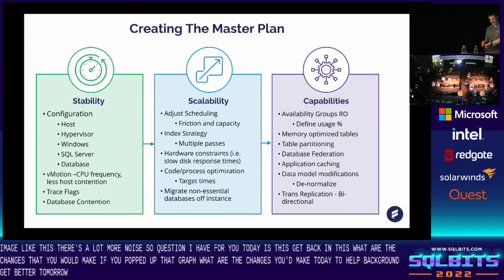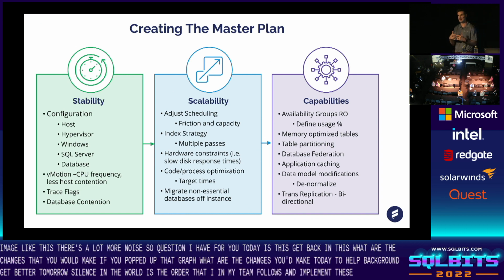So one of the things that we want to be able to do is create a plan. Now, we don't have enough time to talk around all these different options, right? So this is where I'm going to give you some guidance. And the order of these is the order that I and my team follow and implement these changes at any client.